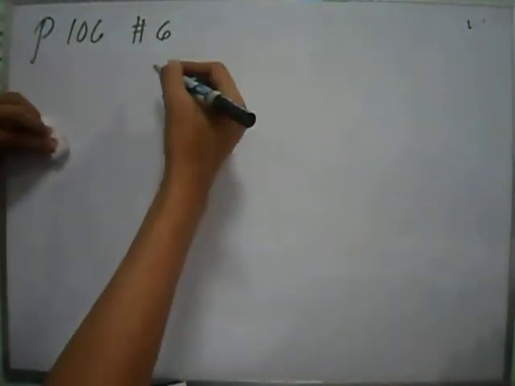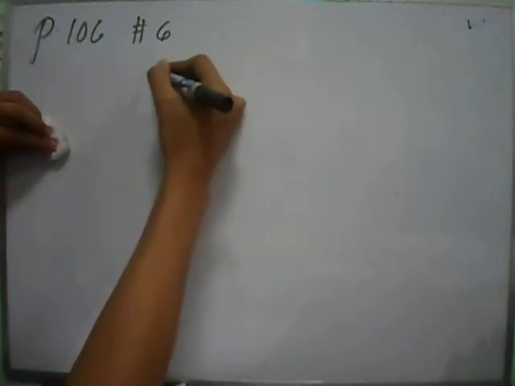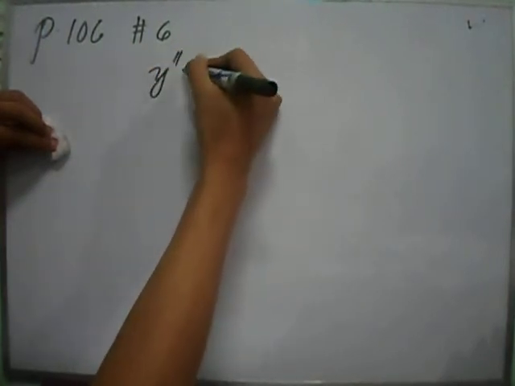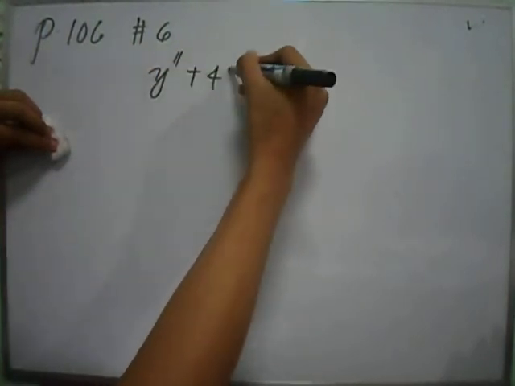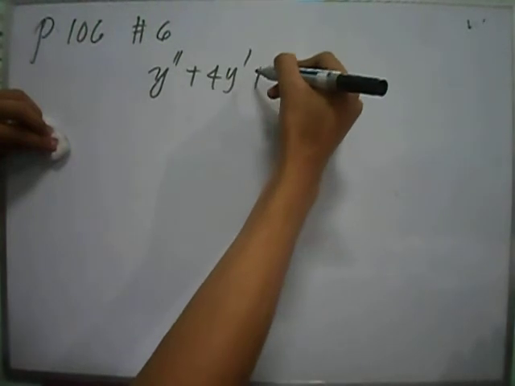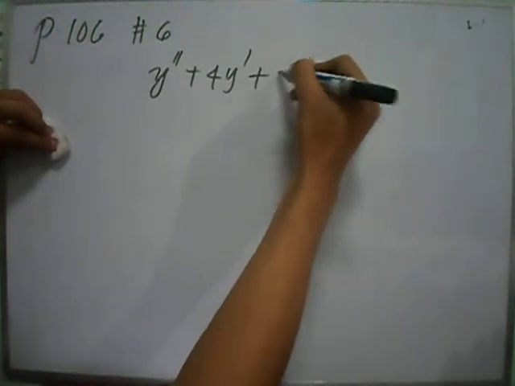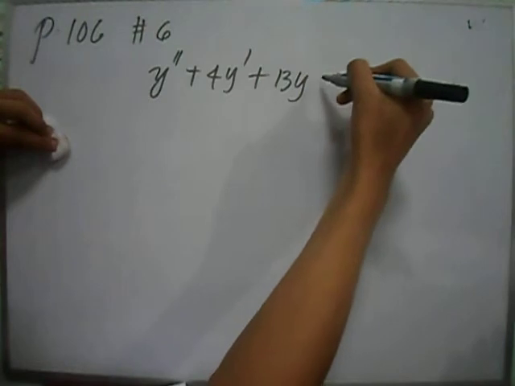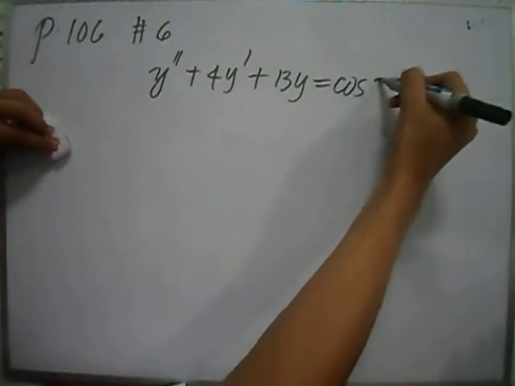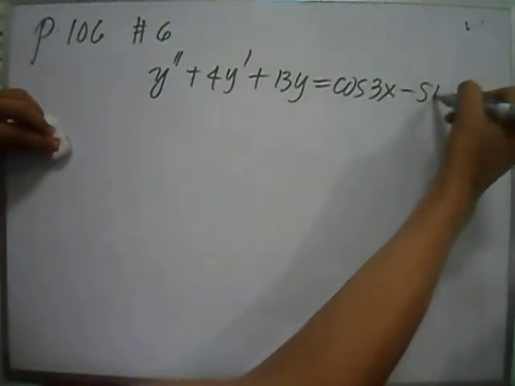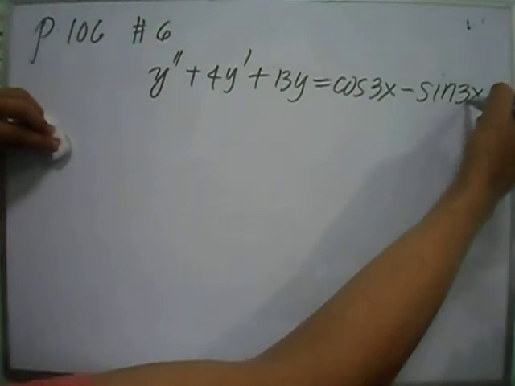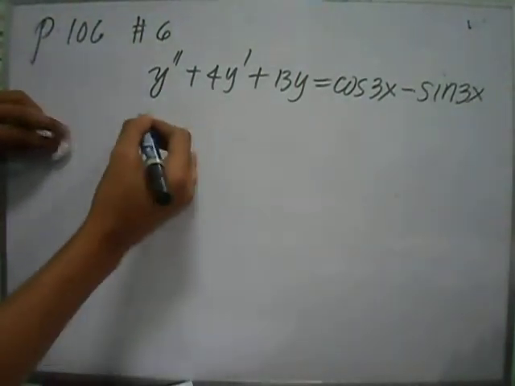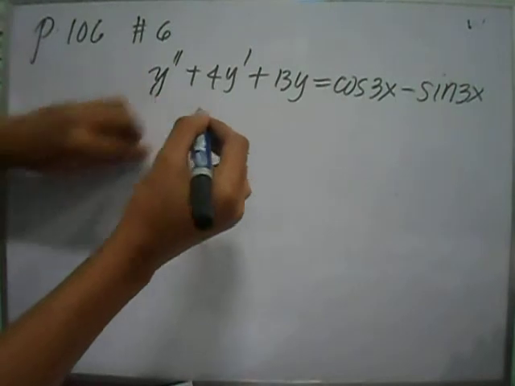Okay. Then by substitution, this is the original differential equation, y double prime plus 4y prime plus 13y equals cos 3x minus sine 3x. Then we substitute the following expressions.